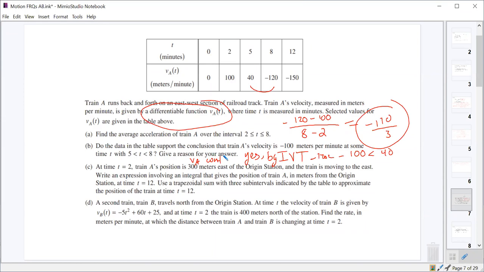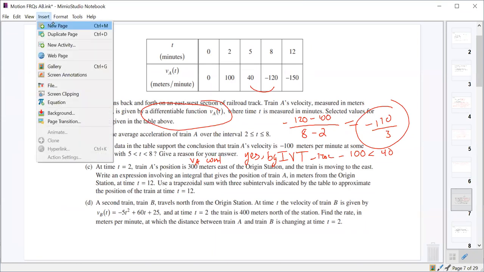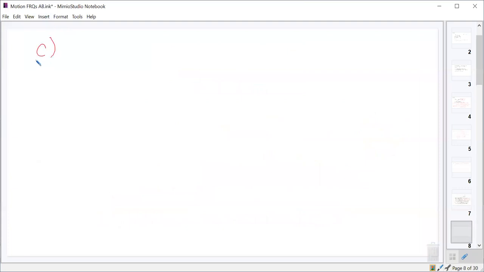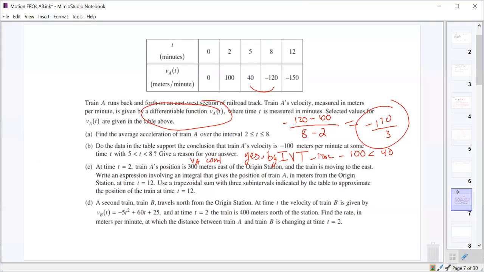All right, part C. My favorite part of this problem. At time t equals 2, train A's position is 300 meters east of origin station. Very exciting. What a great name for the train station. Origin station. All right. It's moving to the east. We want to write an expression with an integral that gives the position of the train at t equals 12.